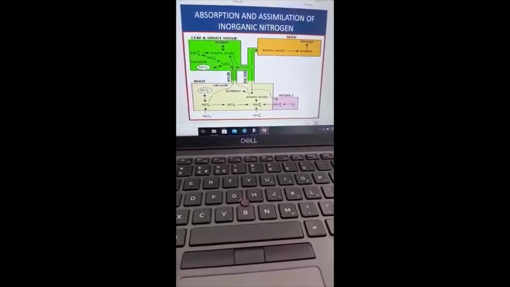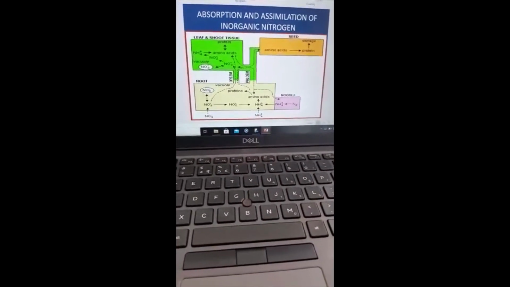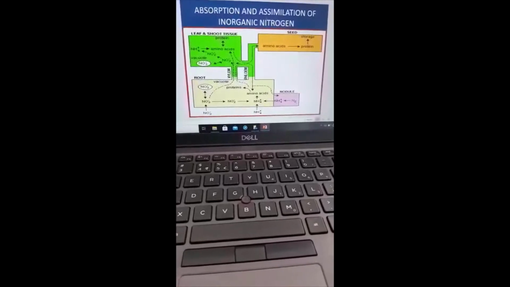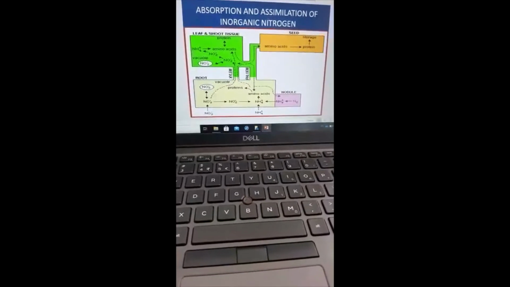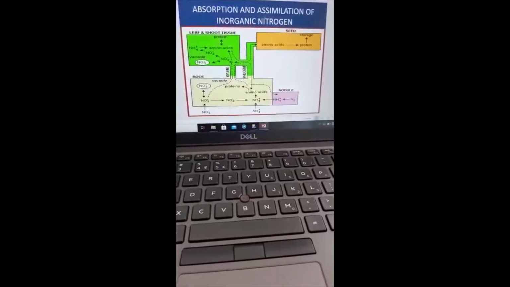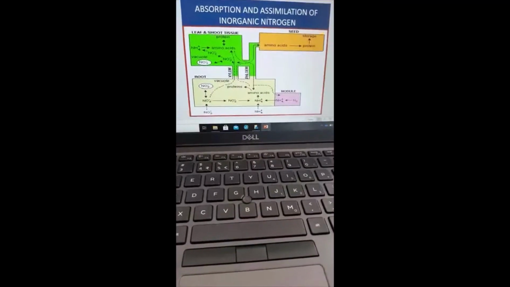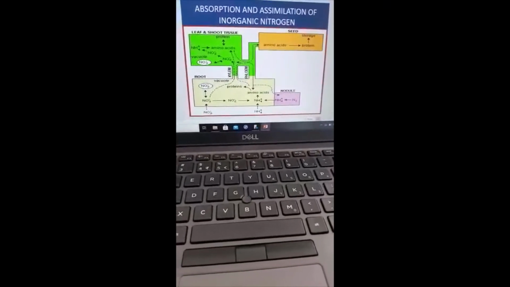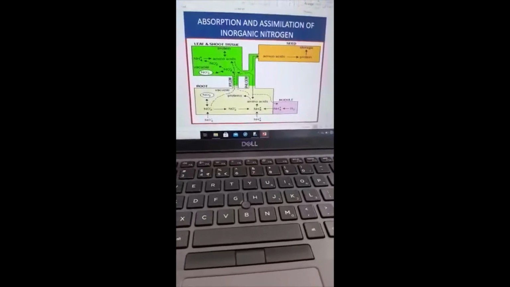So you can understand if there were no proteins, that basically means no life, because all enzymes are proteins. And proteins play a very important role in the life of a living organism. They are one of those organic molecules of life, in addition to carbohydrates, lipids and nucleic acids, which play a very important role in the life of plants.